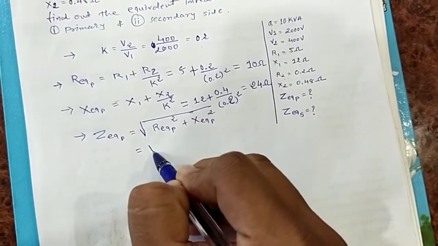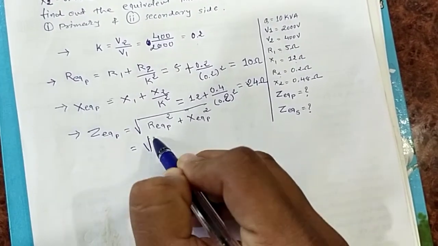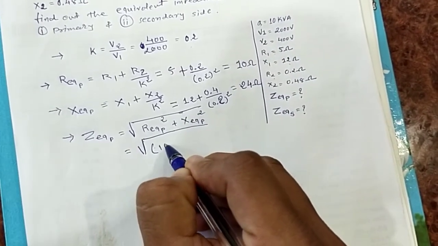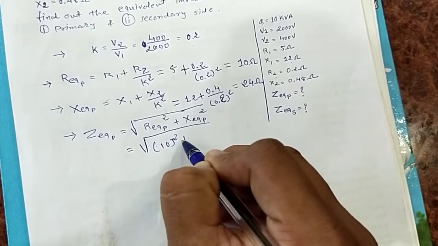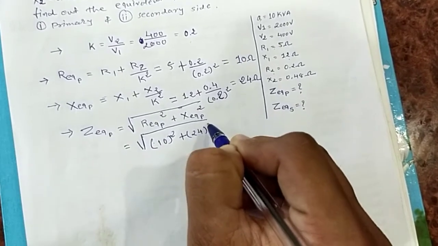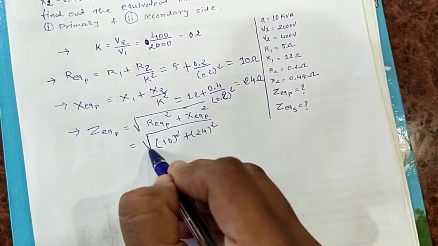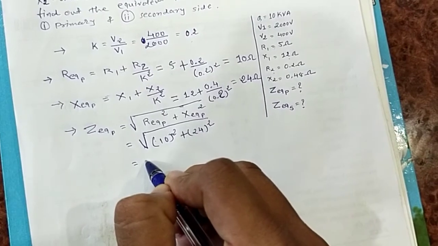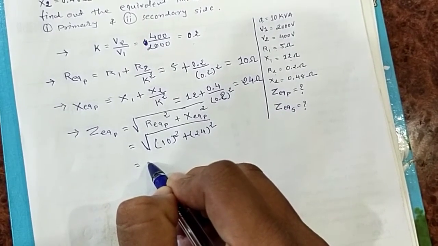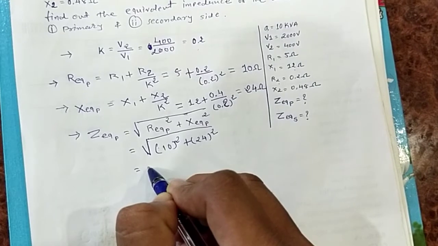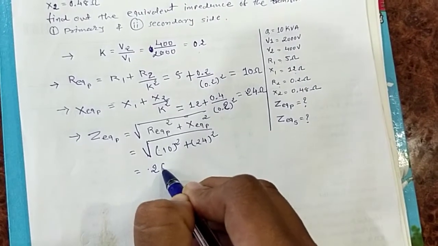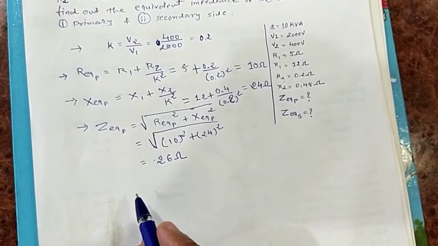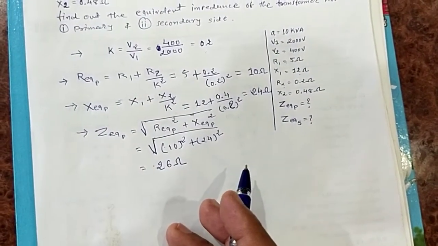Now put the values and get the answer: 10 whole square plus 24 whole square. By solving this, we get the value of the equivalent primary impedance. The answer is 26 and the unit is ohm. Now here we complete the first part of our example.